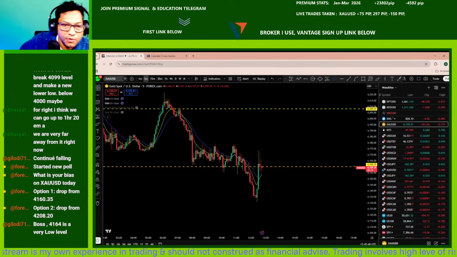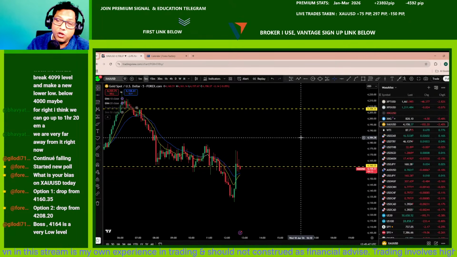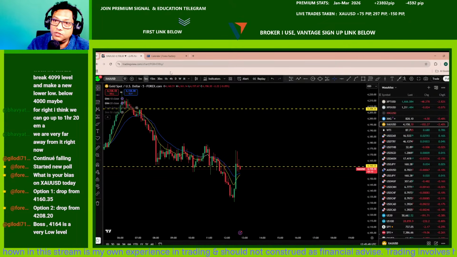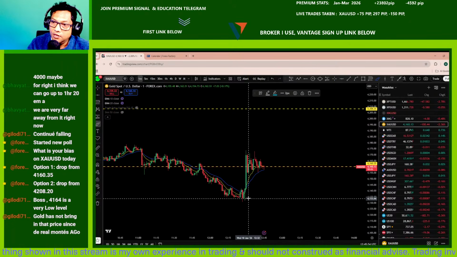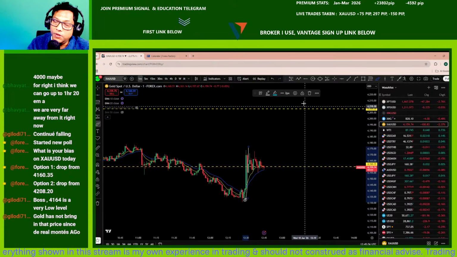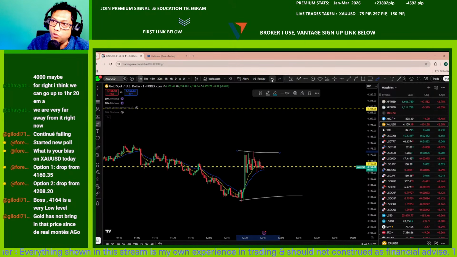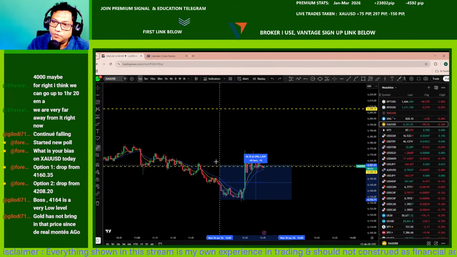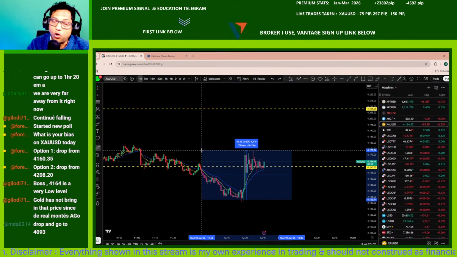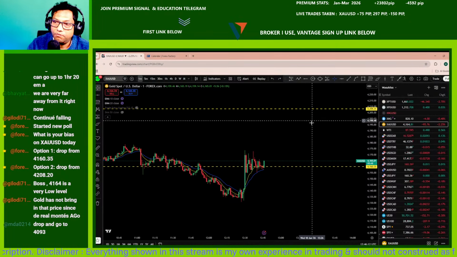Continued falling. Okay, we are very far away from it right now. Thank you. Even if you are far away, because there is a breakout that you can see, this move happened in just a matter of minutes. This move happened in 2 minutes. This is the level, this is the level. In 2 minutes the market moved 410 pips, right?